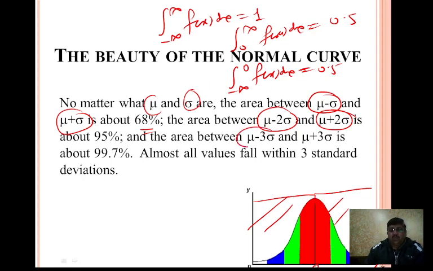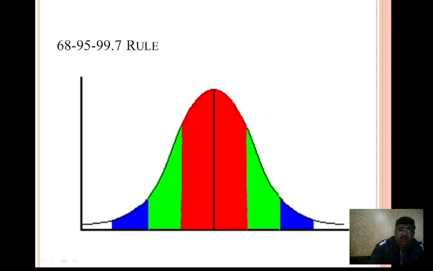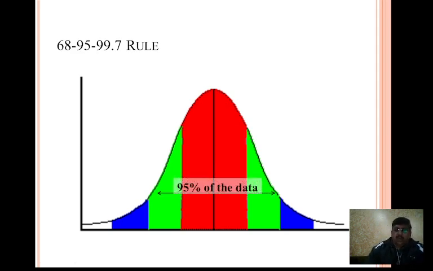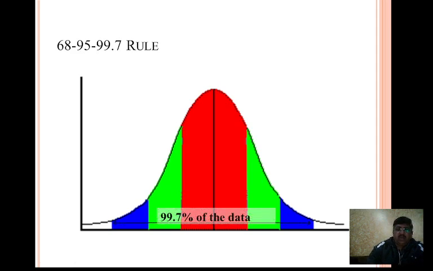And similarly, mu minus 3 sigma to mu plus 3 sigma, you will get 99.7% of the data covered, right? So here this part is 68%, this part is 95%, and this part is 99.7%.